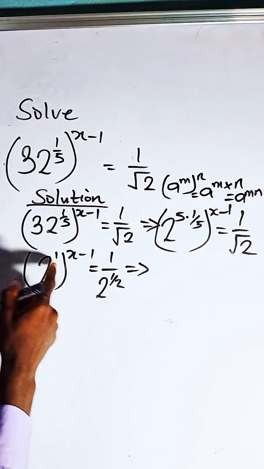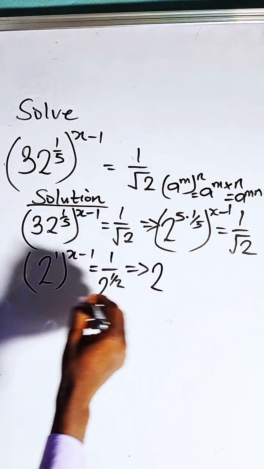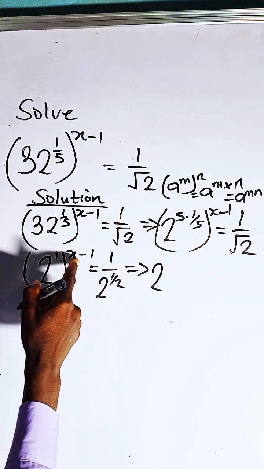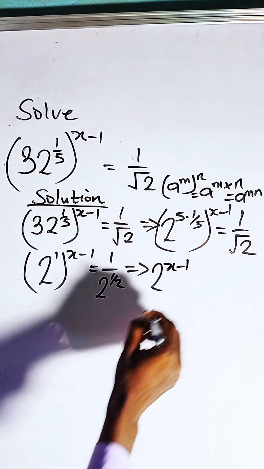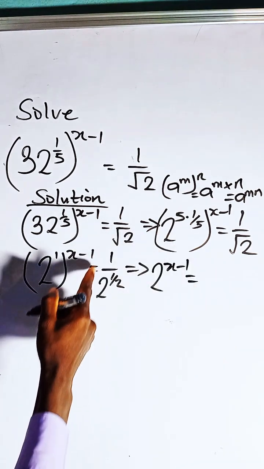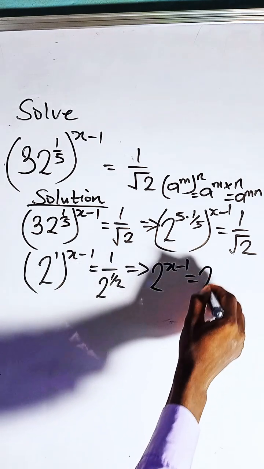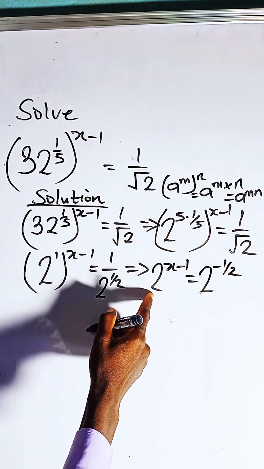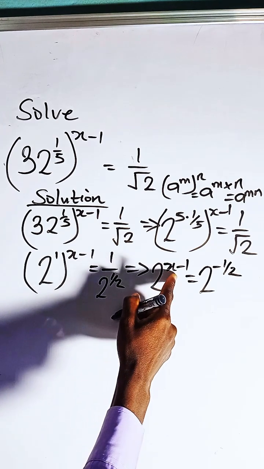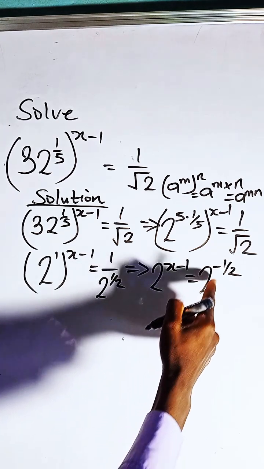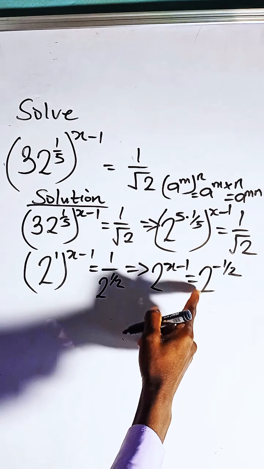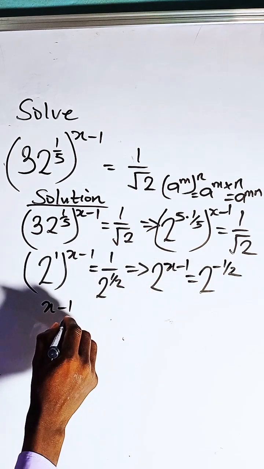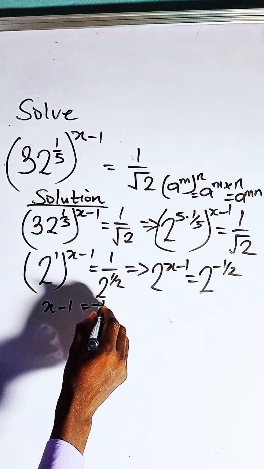Applying it here, we have 2 raised to power x minus 1 equals, and for the right side we can write 2 raised to power minus half. So 2 raised to power x minus 1 equals 2 raised to power minus 1 over 2. Since we have the same base, let us equate the powers. So we have x minus 1 equals minus half.